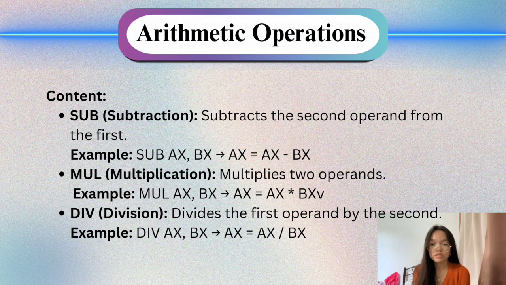And in division, it divides the first operand by the second. For example, DIV AX, BX means AX is equal to AX divided by BX. These operations are equally important and follow a similar process to the add operation, affecting the flags and allowing the CPU to perform necessary computations.